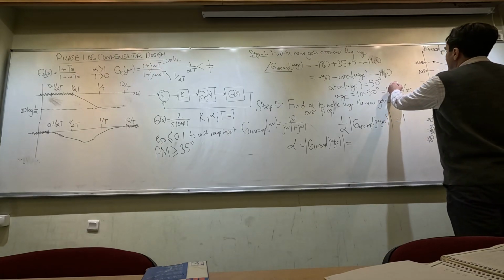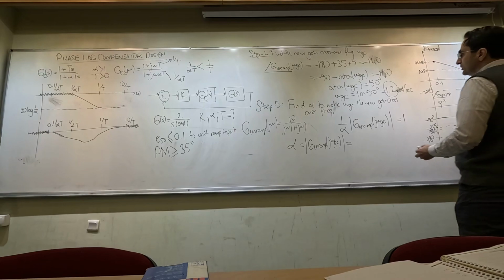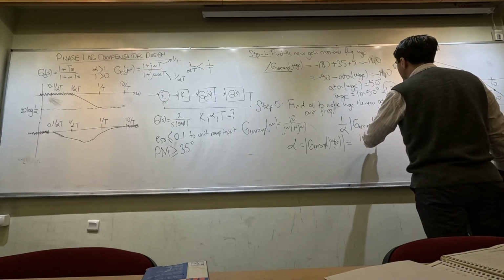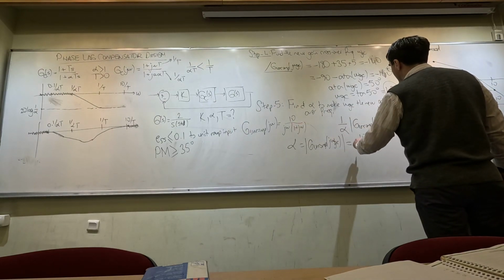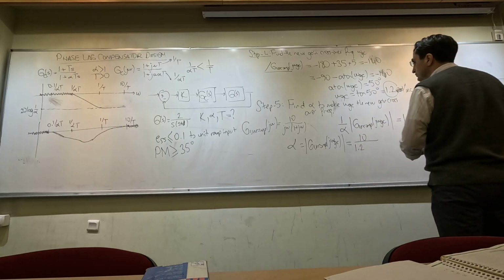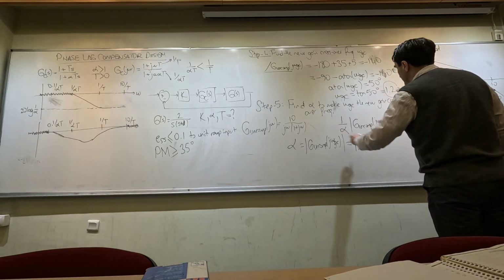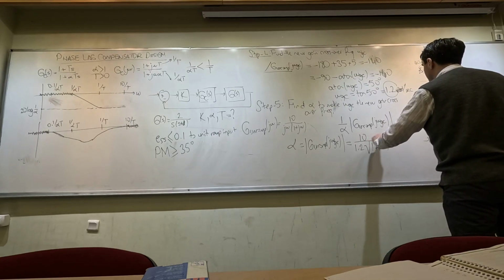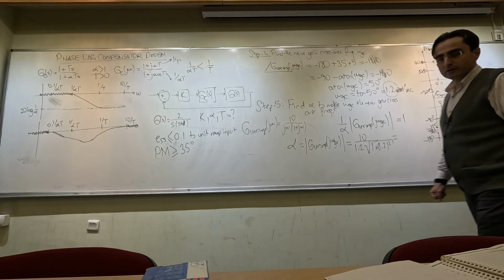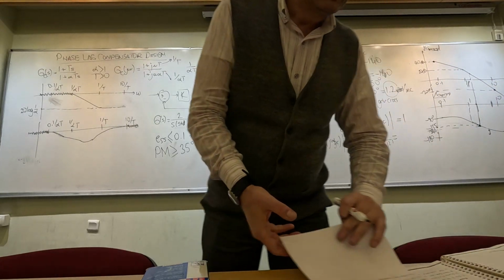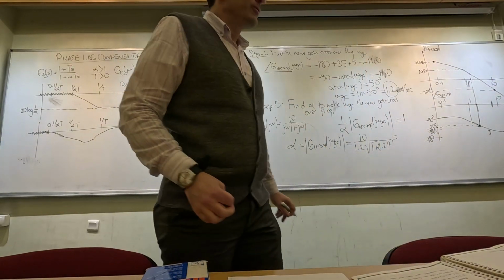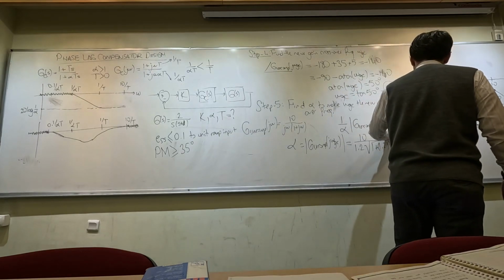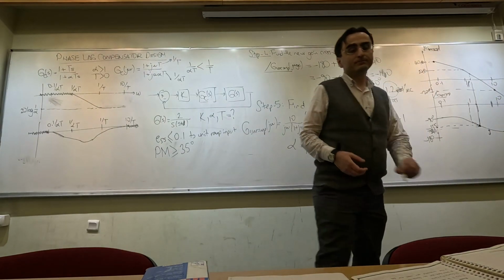I calculated omega GC to be 1.2. So this is going to be 10 over the magnitude of j omega, which is omega, 1.2 here, and the magnitude of 1 plus j omega is going to be the square root of 1 plus 1.2 squared. If you calculate this, it is going to be approximately 5.